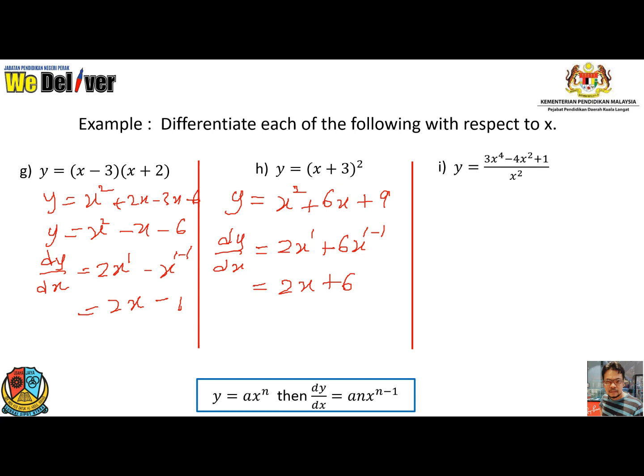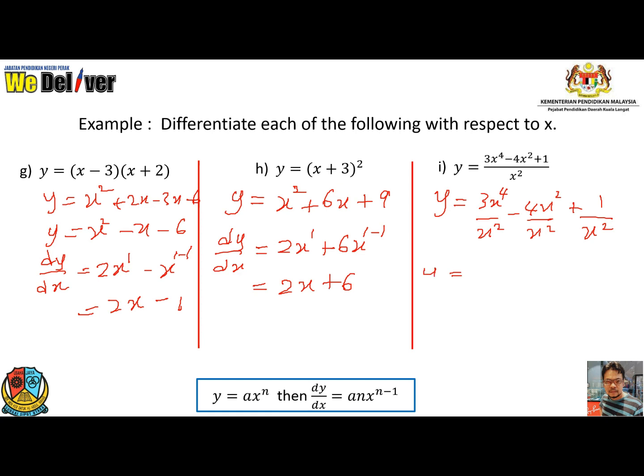Okay, for example I, we are given y equals 3x to the power of 4 minus 4x squared plus 1 over x squared. So this one also you have to simplify y first. Separate: 3x to the power of 4 over x squared, minus 4x squared over x squared, plus 1 over x squared.